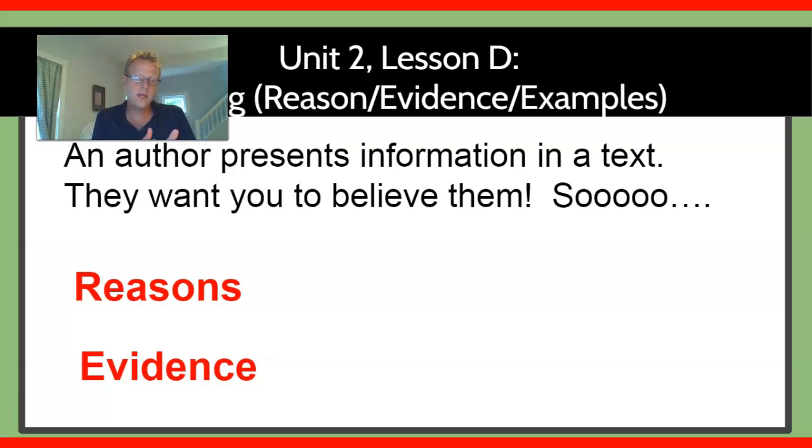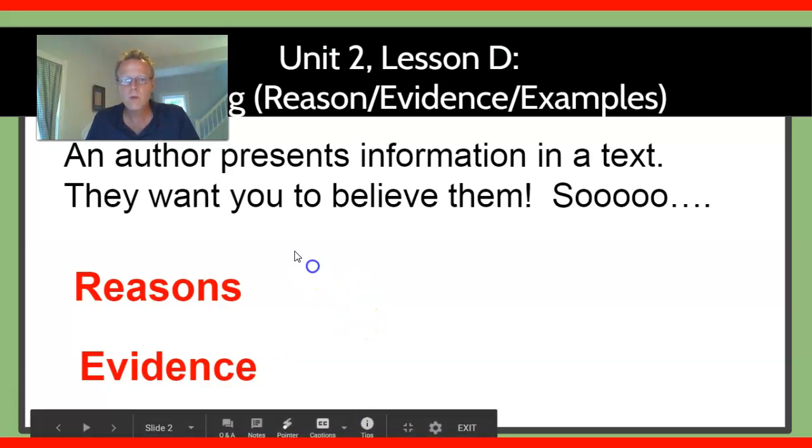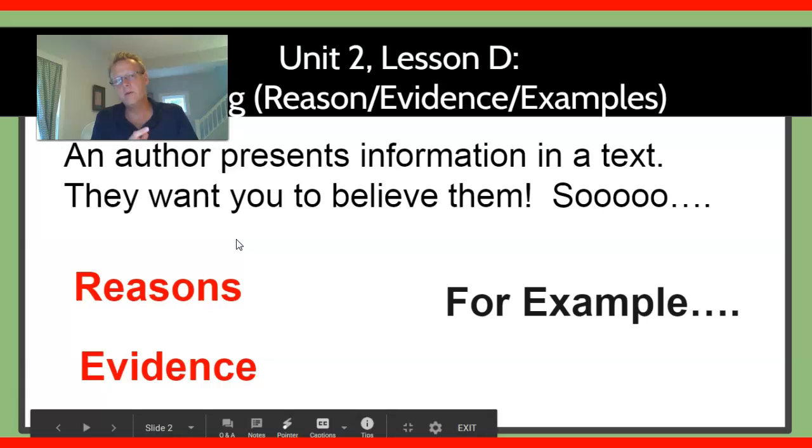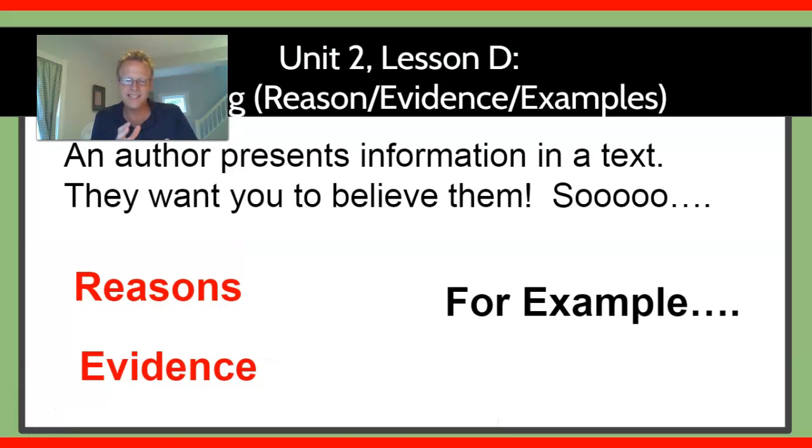So they cite some evidence, some reasons for why they want you to believe what they're saying, to convince you of their opinion. And we learned that one of the ways that an author signals that they're going to give you some reasons, some evidence, is the phrase "for example."